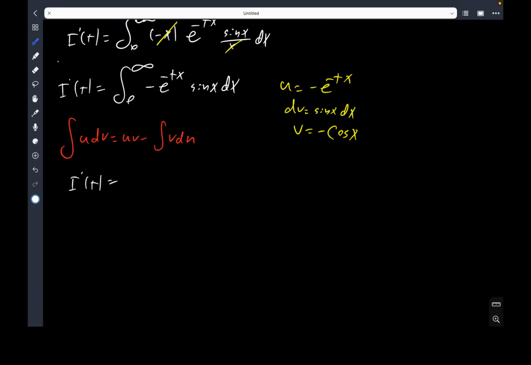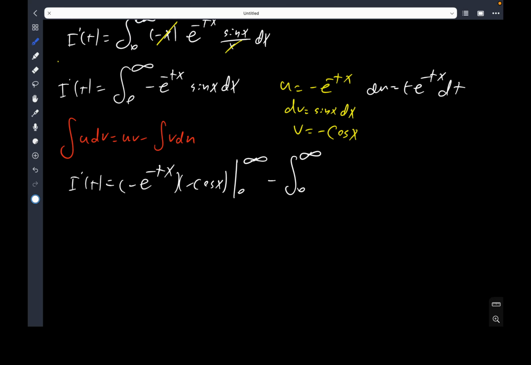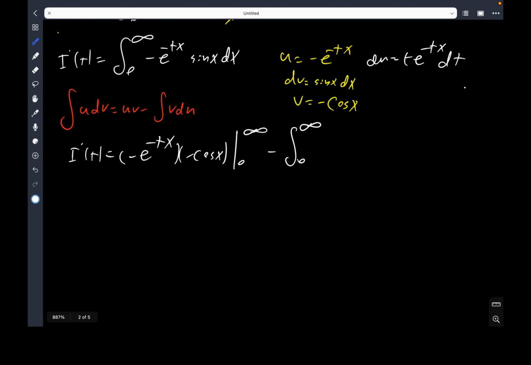Now I can do this here. I prime of t is going to be u, which is negative e to the negative tx, times cosine x, the limit from 0 to infinity, minus the integral from 0 to infinity of v du, where du is t e to the negative tx dx. So it is t e to the negative tx times negative cosine x dx.